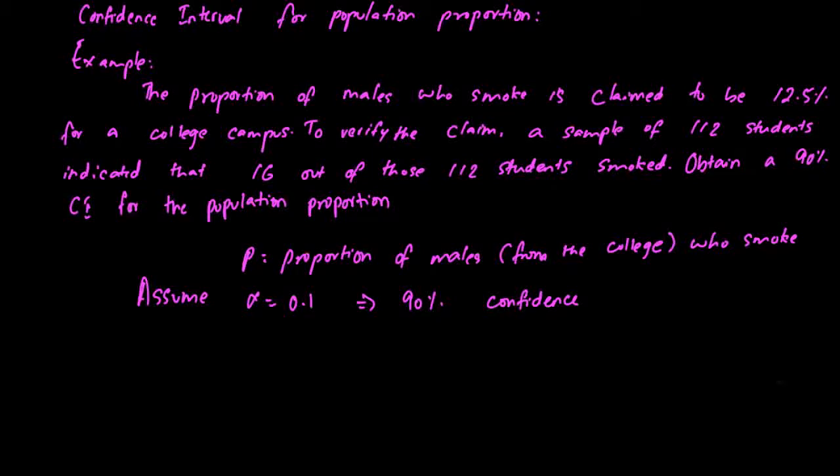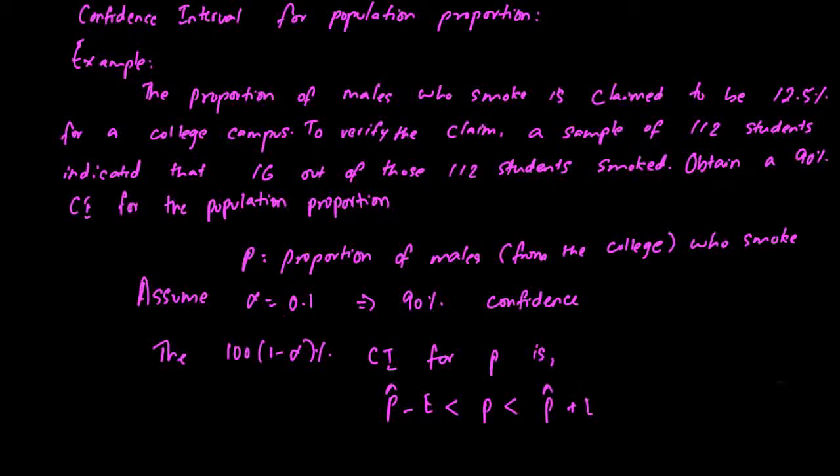In general, the 100 times 1 minus alpha percent CI, which stands for confidence interval, for P is P hat minus E less than P less than P hat plus E. You could also write it in a fancier way as P in (P hat minus E, comma, P hat plus E).